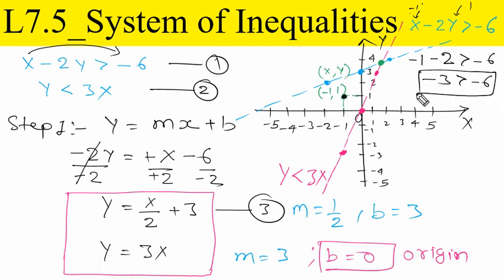Is this true? -3 more than -6. Yes, this is true. So if this is true, it means you will shade towards this side.